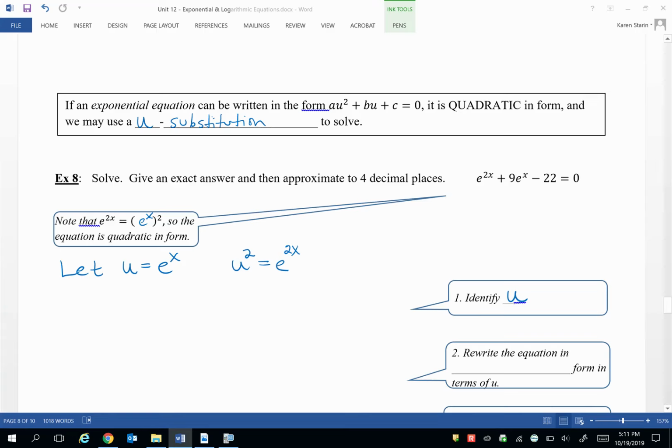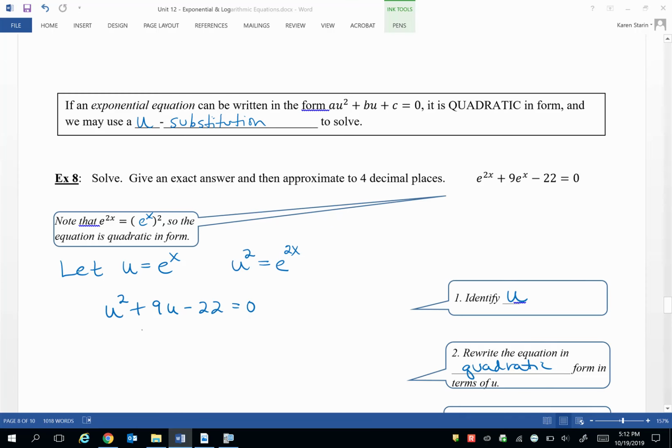Now we can rewrite the equation in x in terms of u, and it will simply be u squared plus 9u minus 22 equals 0. So we just rewrote the equation in quadratic form in terms of u.